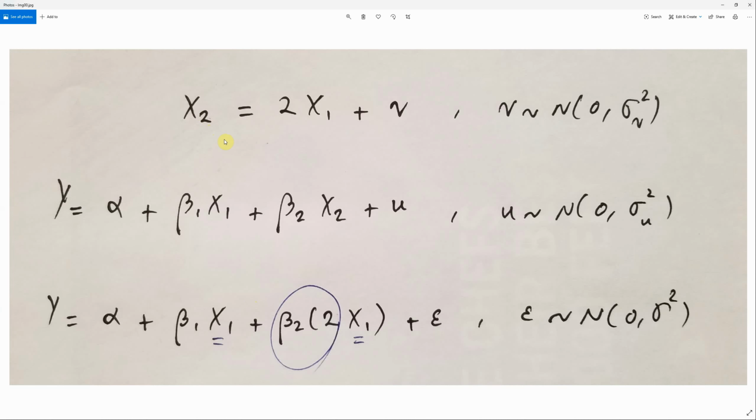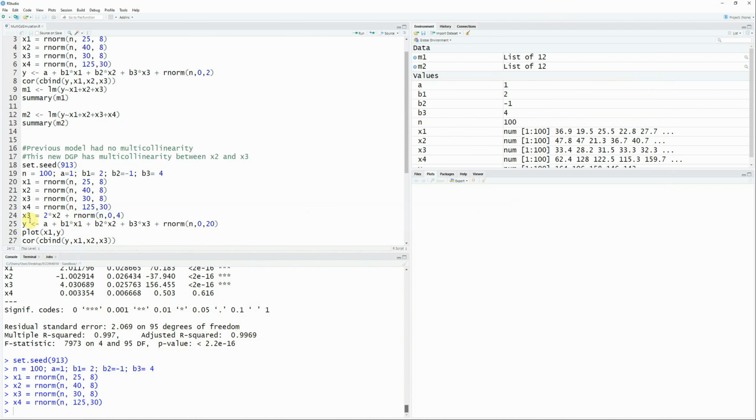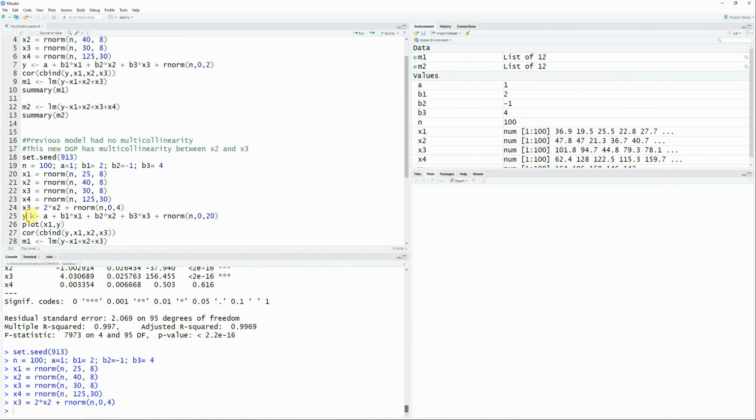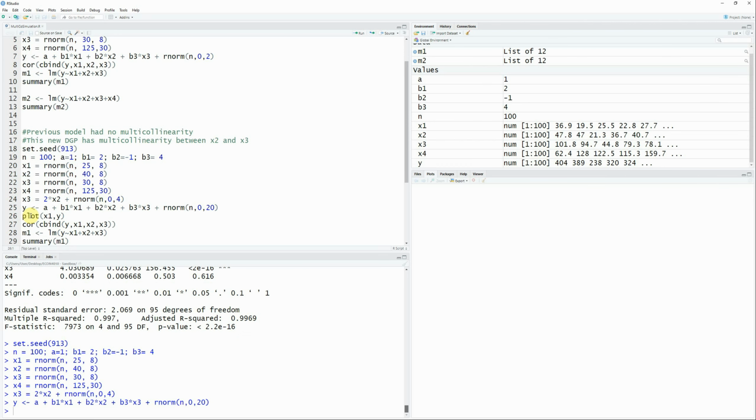We have a relationship between x3 and x2. And then after that, we want to use x1, x2, and the new x3 in our DGP. So this time in our DGP, there are two right-hand side variables that are correlated, x2 and x3.